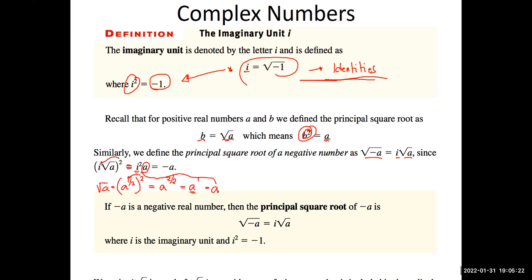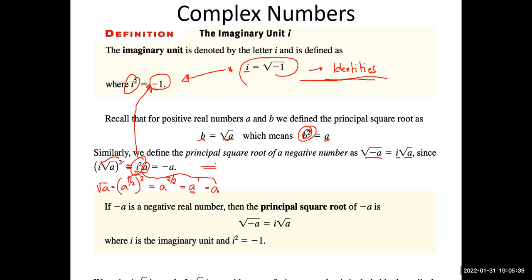And then i multiplied by i is equal to i squared. From our identities, i squared is equal to negative 1.